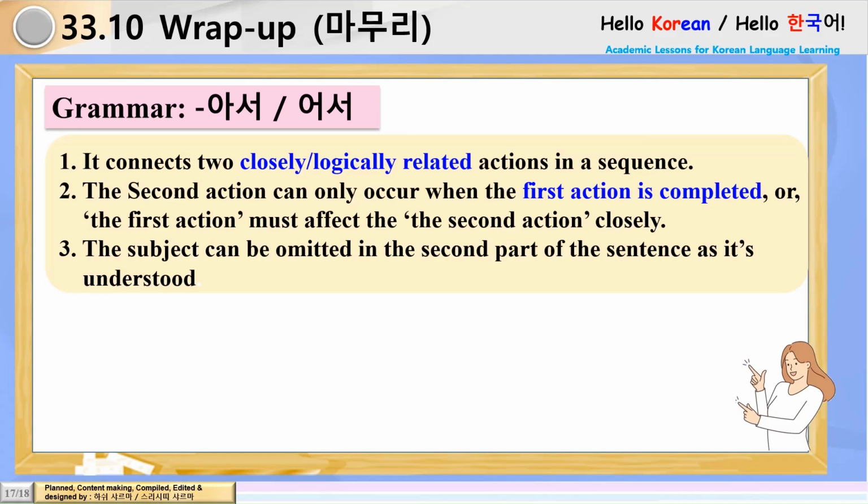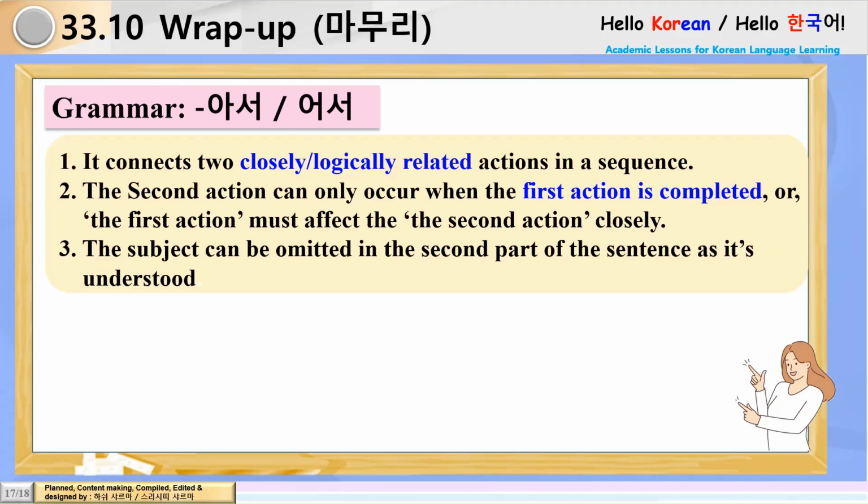Grammar 아서/어서, when it is used to mention the sequence of the action. Number 1, it connects two closely logically related actions in a sequence. Number 2, the second action can only occur when the first action is completed, or the first action must affect the second action closely.